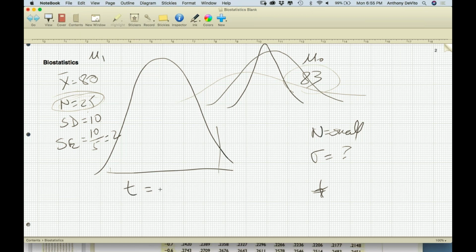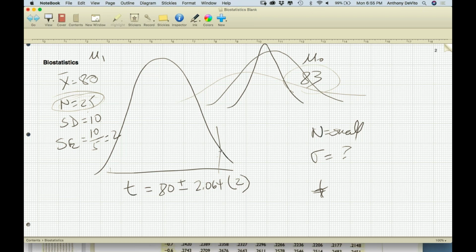How many t-scores apart are they? Sample size is that. Okay, it's got to be equal to 80 plus or minus the t value, which for a sample size of 25 was 2.064, right? Times the standard error, which is equal to 2, right?